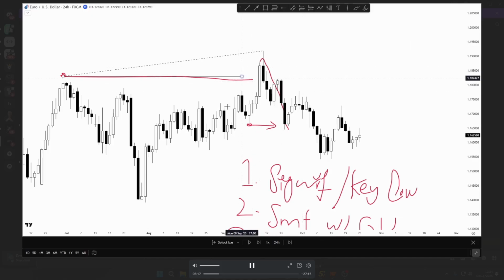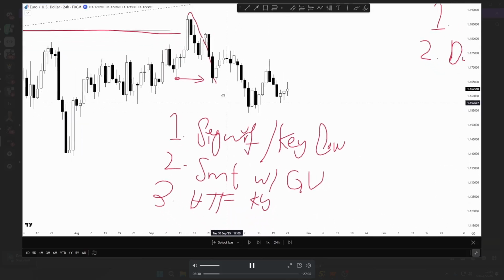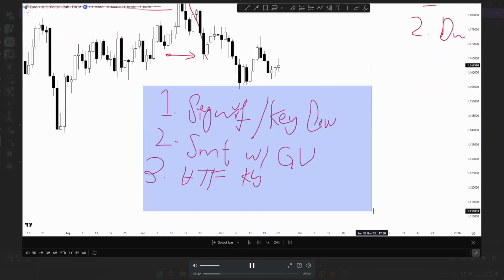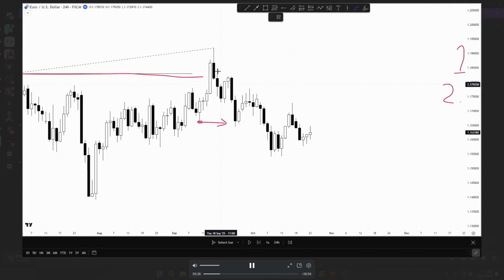Because of all of those factors, this structural shift was considered a valid one. And from this point on, we shifted into a bearish trend, moving in an underlying bearish directional trend.